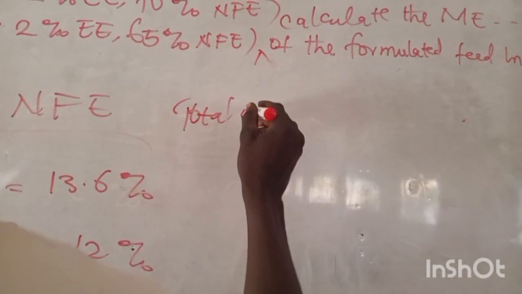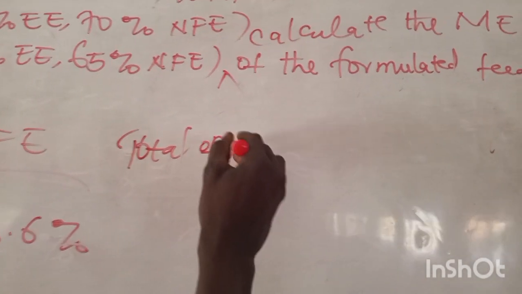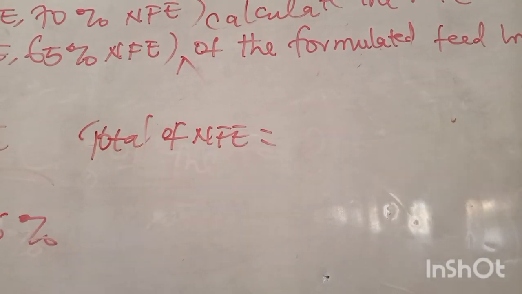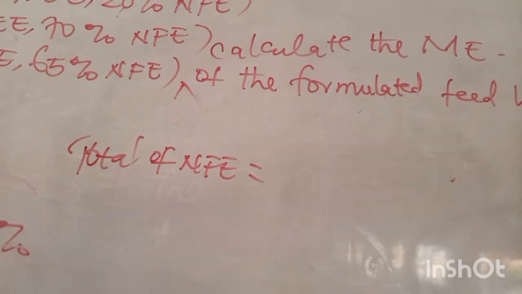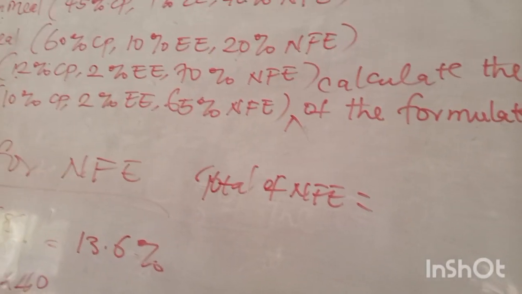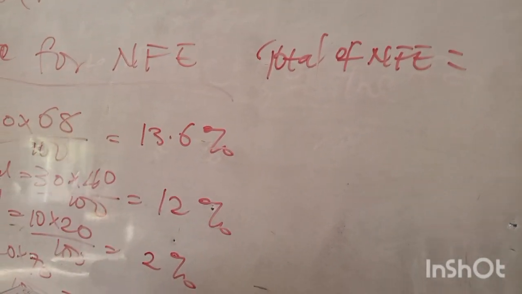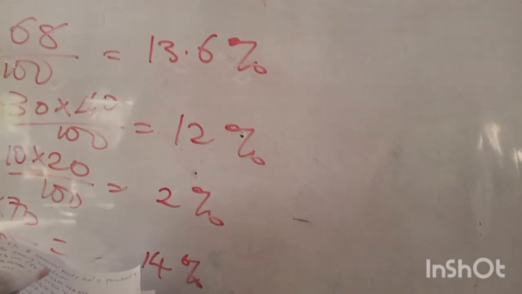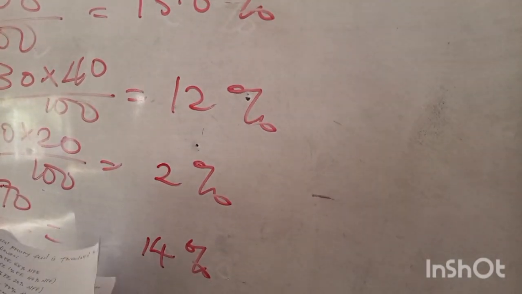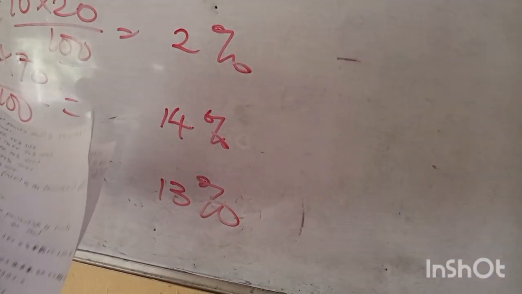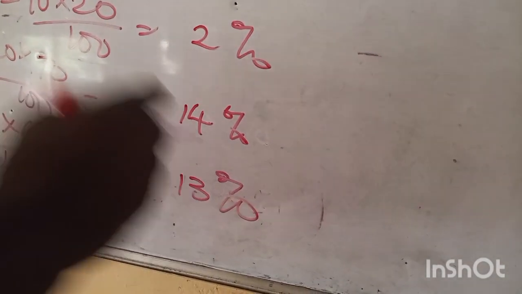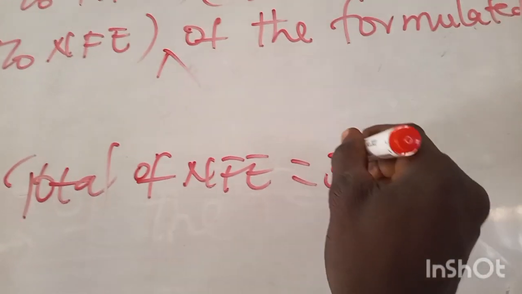Now, what is the total here? Total of NFE is equal to 13.6 plus 12 plus 2 plus 14 plus 13 is what? 54.6.